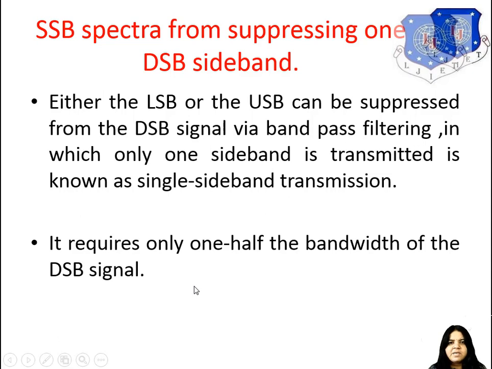Either the LSB or the USB can be suppressed from the DSB signal via bandpass filtering, in which only one sideband is transmitted, which is known as single sideband transmission. It requires only half the bandwidth of the DSB signal.